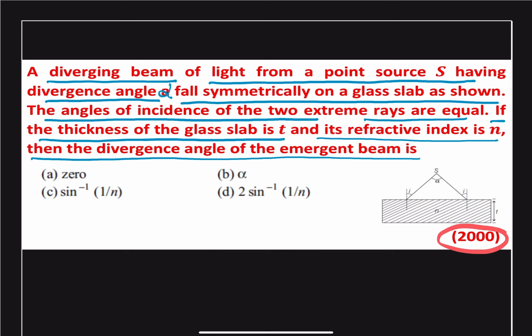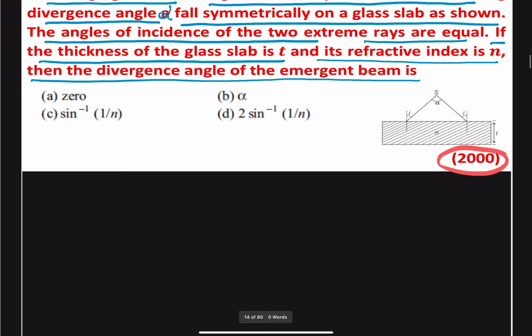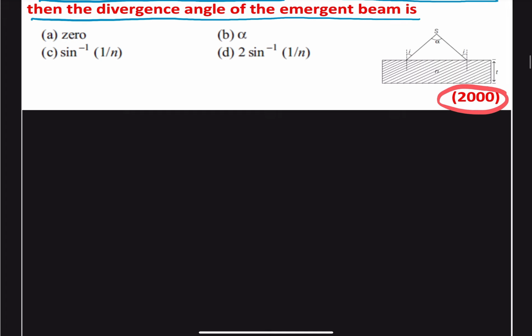So this is more or less, you can say, we can find out the divergence angle of the emergent ray by drawing the ray diagram.